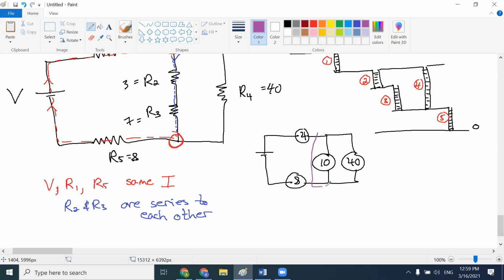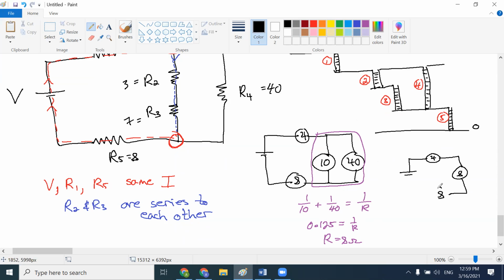So let's go ahead and combine this stuff here. 1 over 10 plus 1 over 40 is 1 over R. Calculator time, 1 over 10 plus 1 over 40. All right. 0.125 is 1 over R. R is 8. So the circuit's now like 4, 8, 8, or a total of 20. Questions?